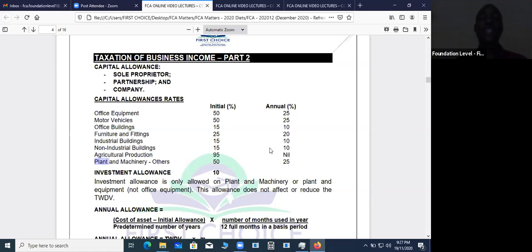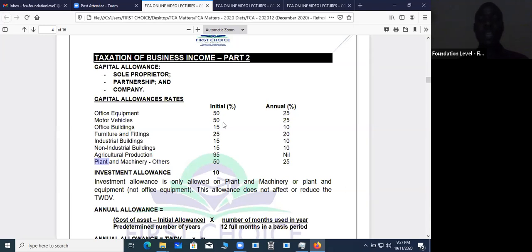Now, the next one is the initial allowance. This is the first allowance you claim when you purchase an asset. So when you purchase an asset, you claim initial allowance in the year you first put the asset to use. Let's say, for example, you bought some buses for use, or you bought some cars for Uber service or Taxify, and you start using it that year. Let's say you bought the car for 10 million naira.